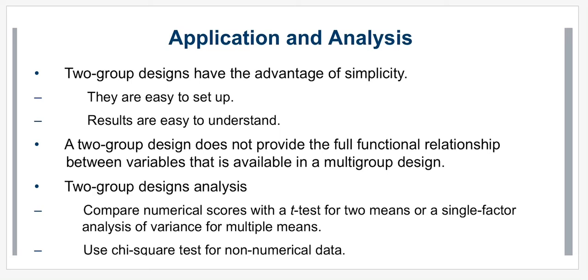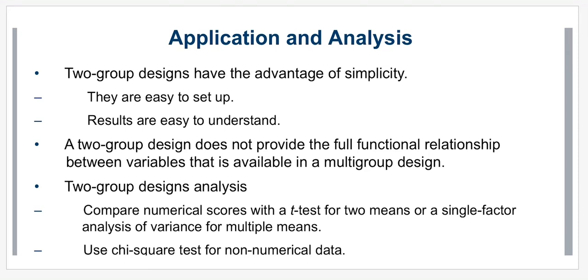But again, just like the other designs that we talked about, when you have only two groups, it does not necessarily provide the full picture, the full functional relationship between the independent or quasi-independent variable and the dependent variable. When you have multiple groups, remember that can reveal a bigger picture or more information. But again, that does make it more complicated.